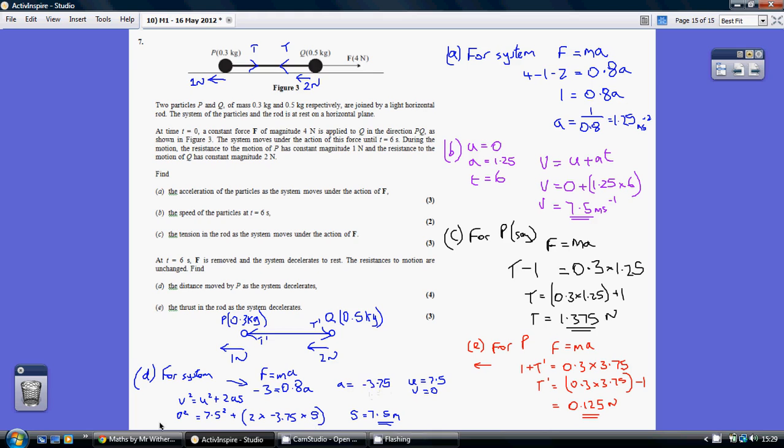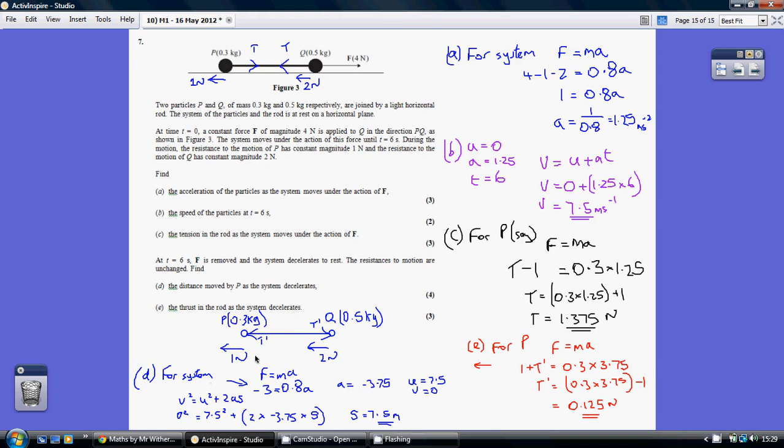This then allows us to use the SUVAT equation, v squared equals u squared plus 2as. We've just worked out the acceleration to be -3.75, initial speed of 7.5, because that was the final speed of everything up here, and a final speed v of 0, so that allows us to work out the distance to be 7.5 meters.